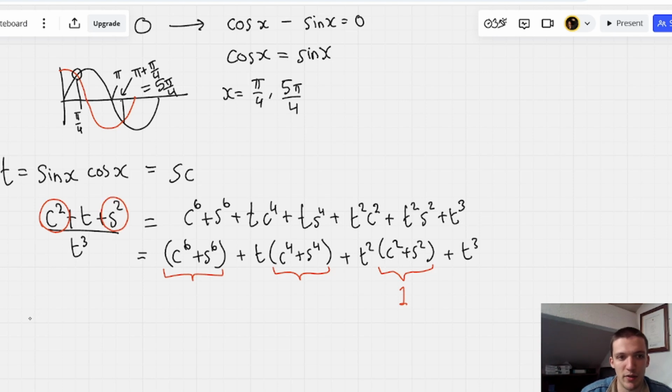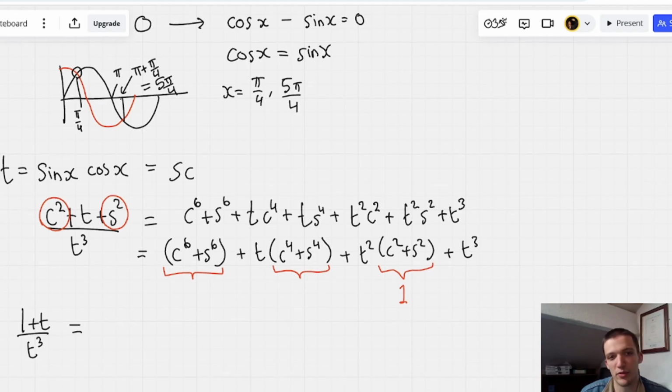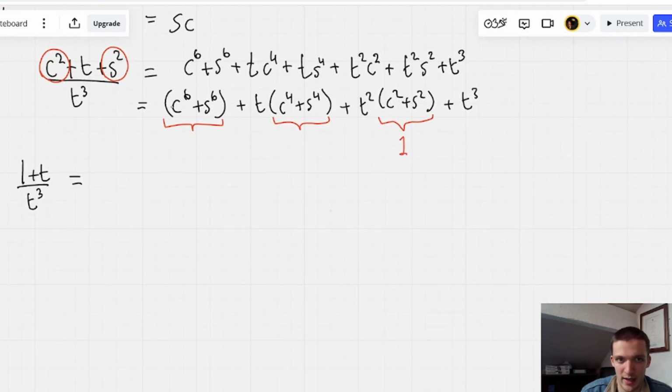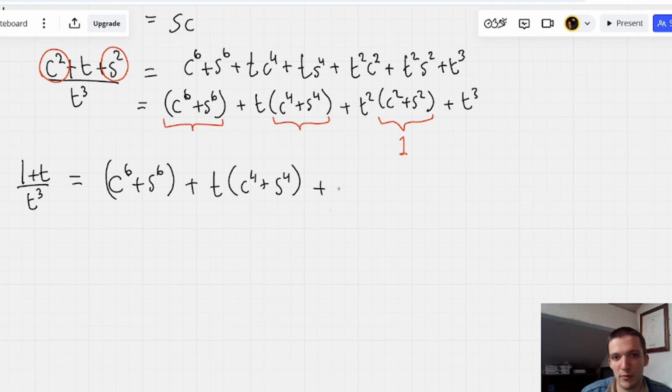And so I can say, well, on the left-hand side, that's (1 plus t) over t cubed equals, on the right-hand side, I don't know what these are yet, so c^6 plus s^6, and t times (c^4 plus s^4), plus t squared, plus t cubed.